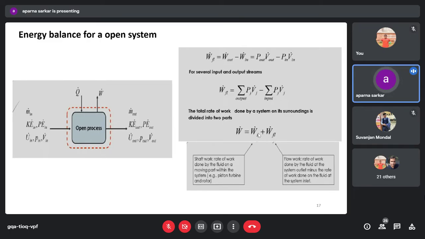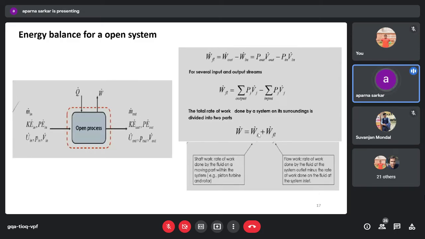It is the rate of work done by a fluid on a moving part within the system. That means in the piston or the turbine in the system, there is a rotation, you are giving pressure on the piston, and the same pressure is delivered to the fluid by the piston. You are working on the piston, and this work is delivered to the fluid or some gases. So that is the shaft work.